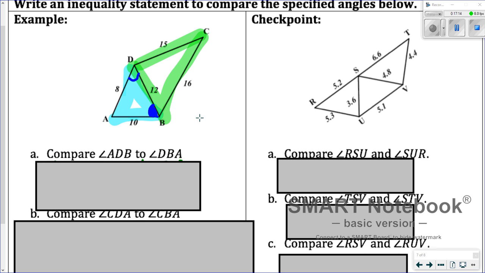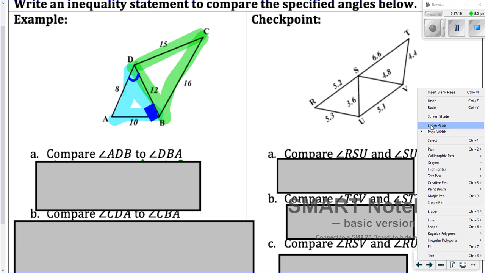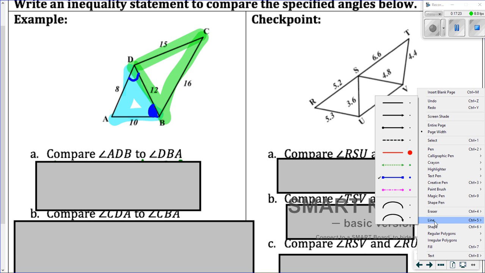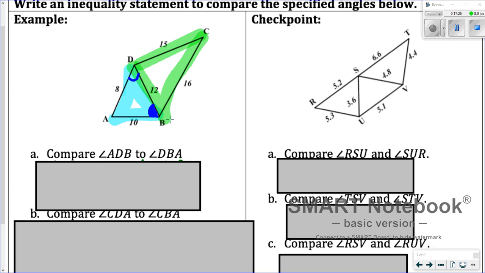Let me go back to the regular arrows. So I'm looking at this, and then I'm looking at the opposite side. I noticed that the opposite side of angle ADB is 10, and the opposite side of DBA is 8.